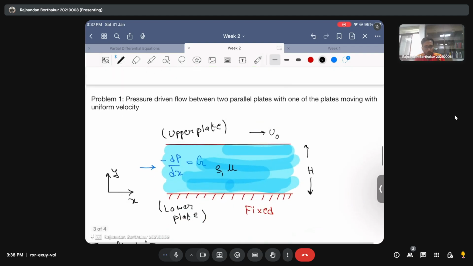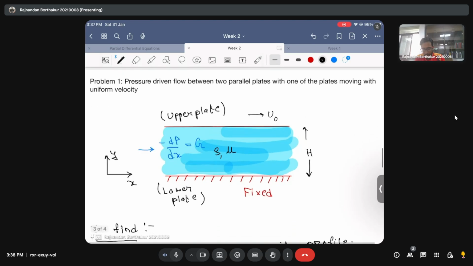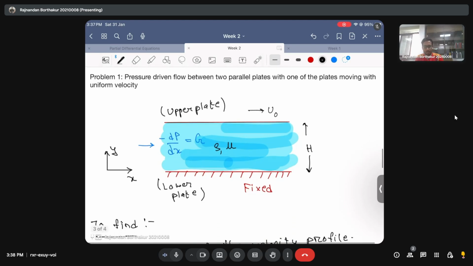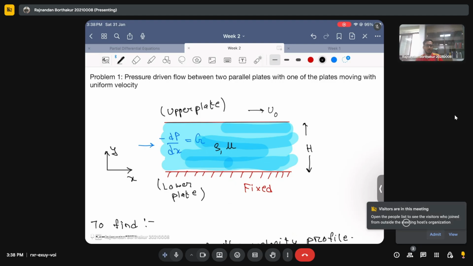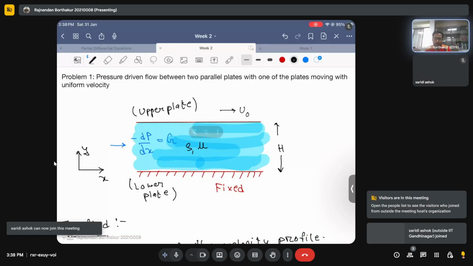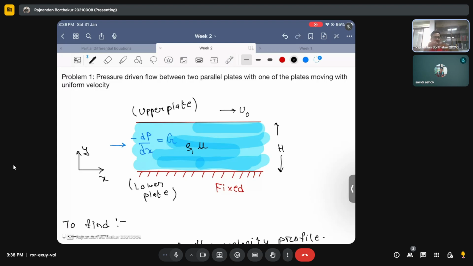All right, with this motivation in place, let's look into solving certain very simple cases of calculating the velocity profile using the Navier-Stokes equation. This example is an extension of the problem that you solved in the lecture series.